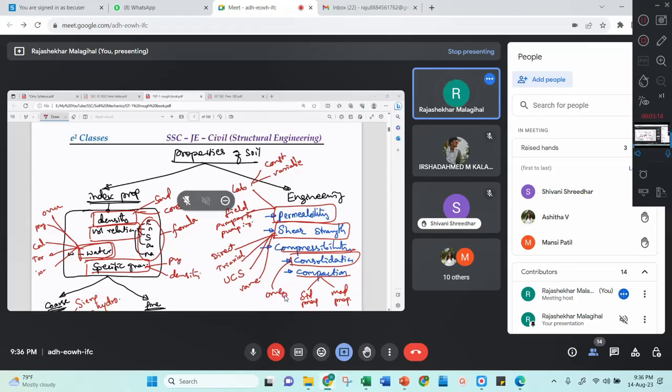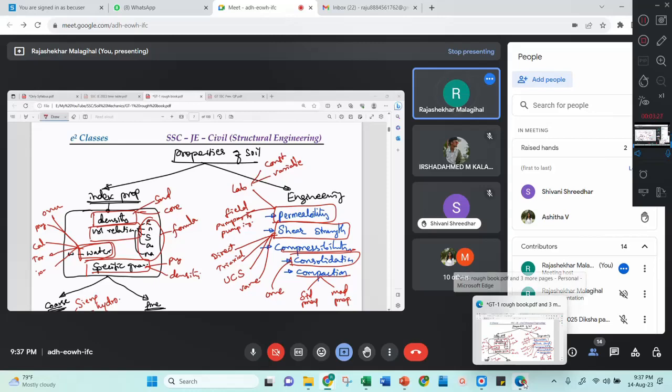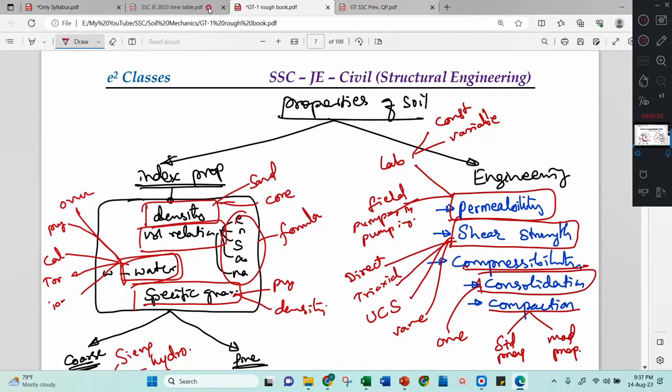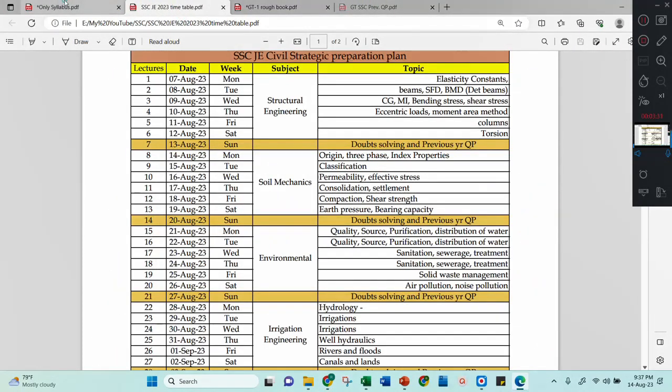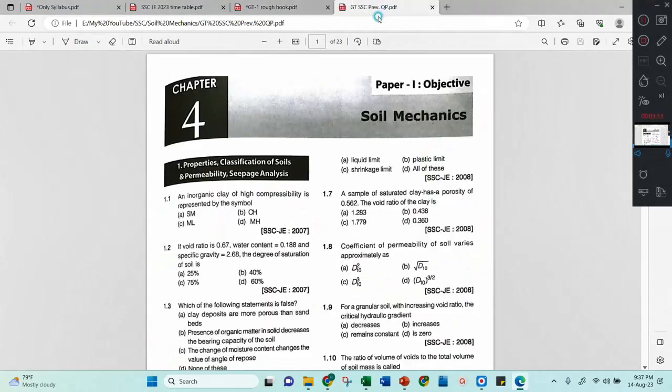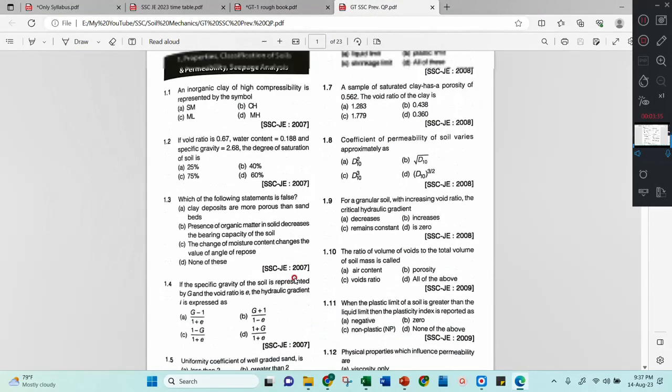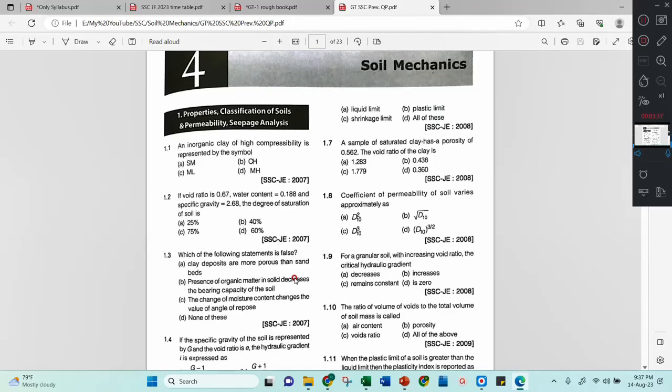Otherwise you may think that it is a very difficult or very huge topic, right? Tomorrow we will make two classes and discuss more about index properties. We will discuss only those concepts which are covered till now, and if questions appear which are not covered, then I will just skip that. Later we will cover it, right?